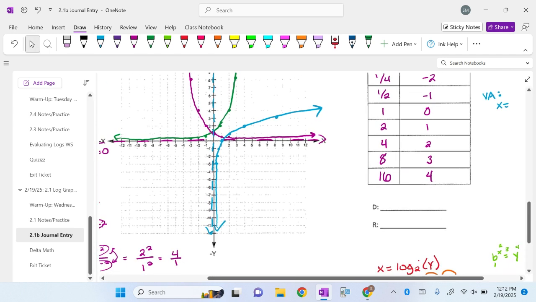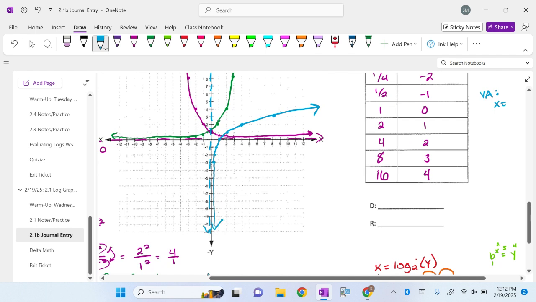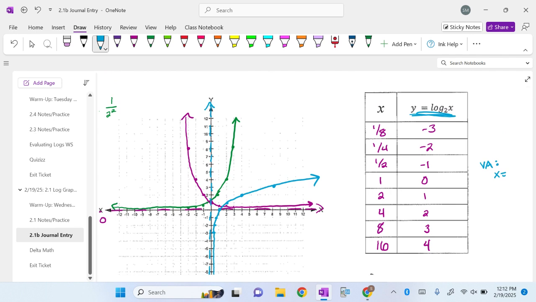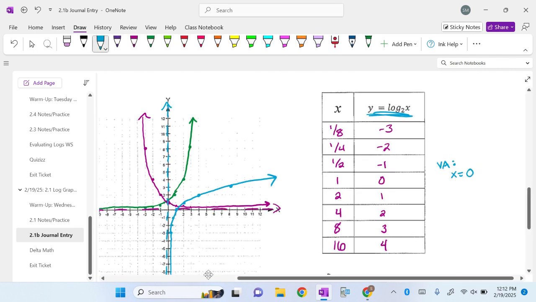That's another way you can tell if it's x equals or y equals. If that line passes through the x-axis as you're going up and down, it's x equals. If it's going through the y-axis as you're going left to right, it's y equals. So this would be at x equals 0.